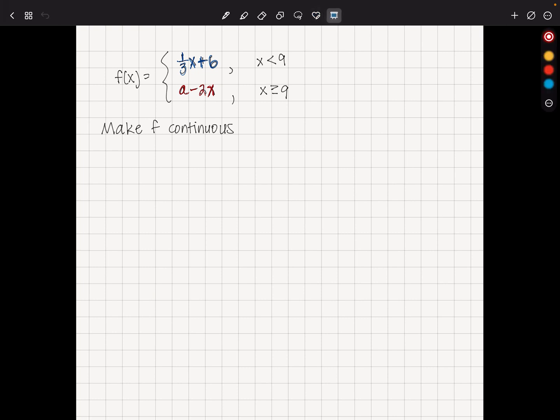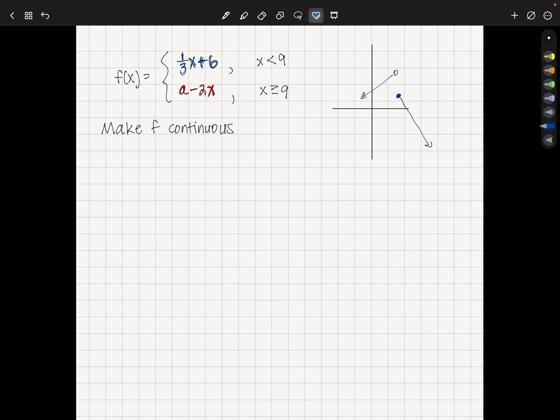In order to make that happen, in order to make sure that there's not a jump, and when I say a jump, I'll just draw a quick picture for you. When I say a jump, I'm talking about where one function ends, another one begins somewhere else.